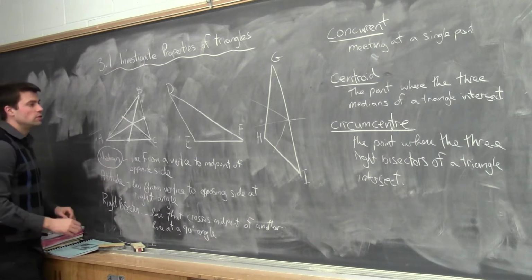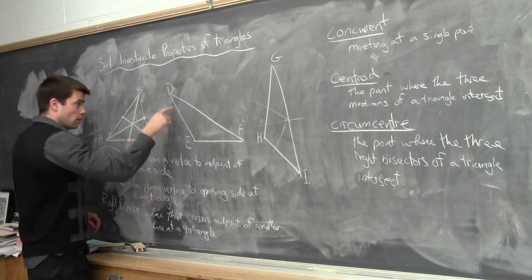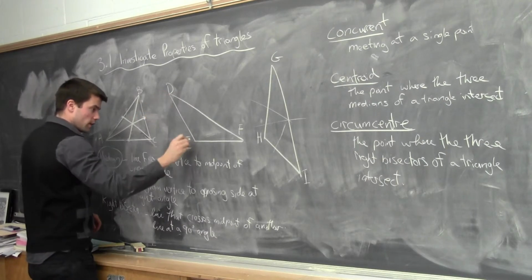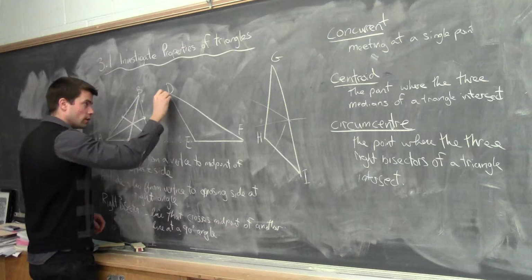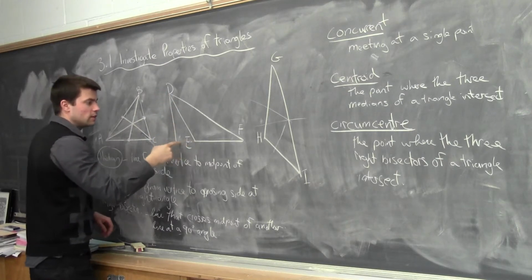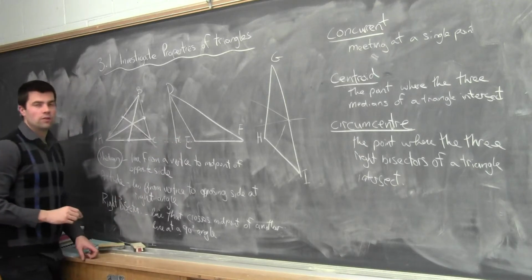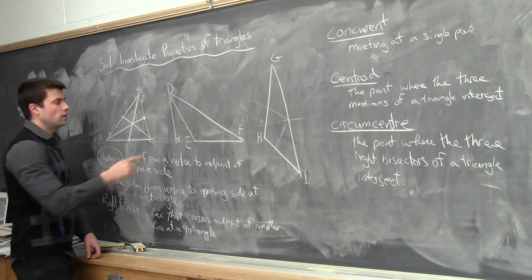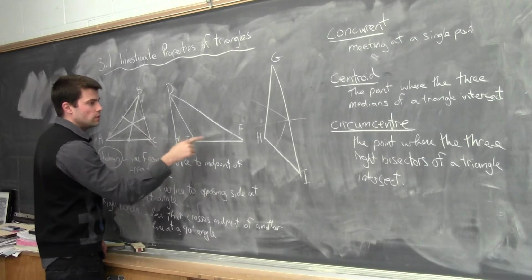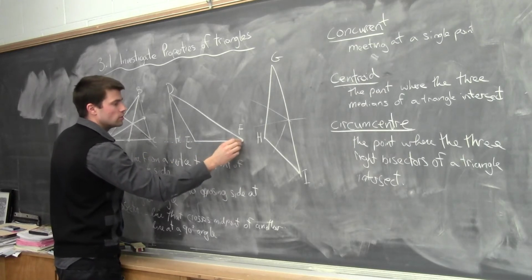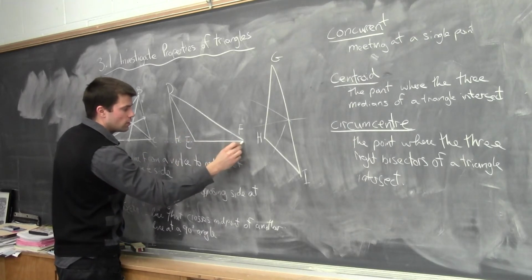Your altitudes, I'll draw over here, are from a vertex straight down to the opposing line. So it comes straight down. If the line is outside the triangle, you need to extend the line and draw a 90-degree angle. Okay, that's your altitude from D, your altitude from F. You want to be 90 degrees.